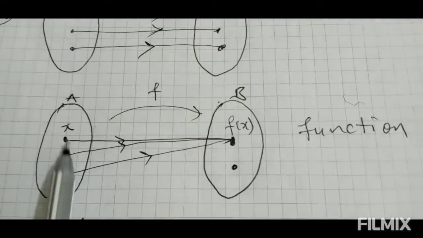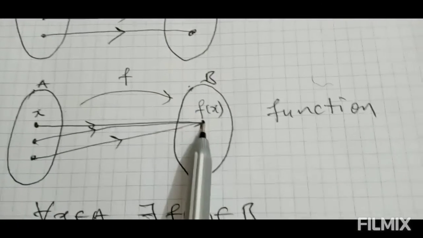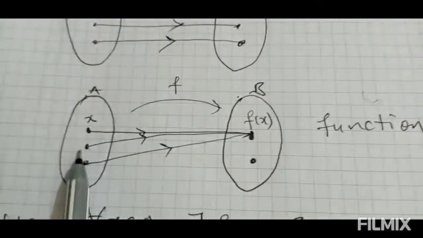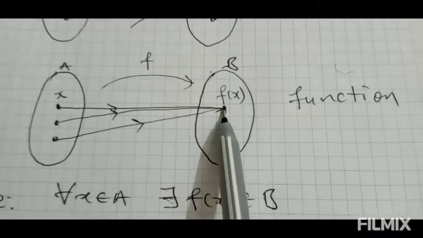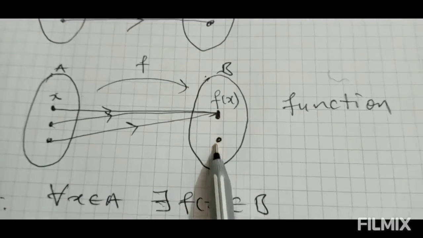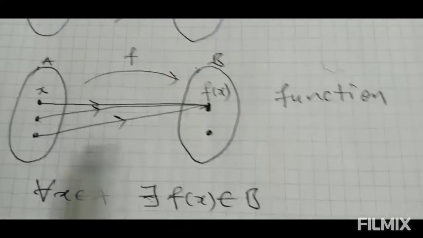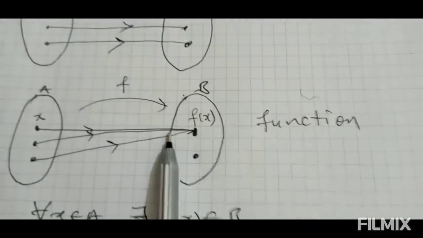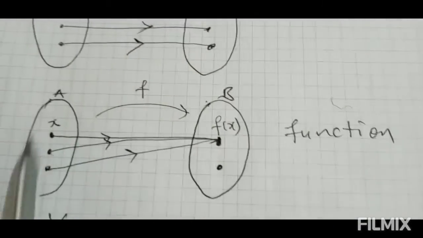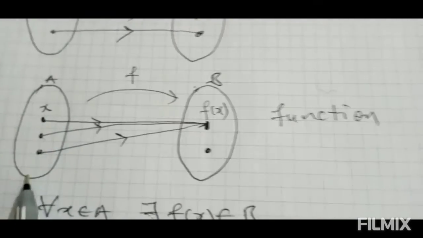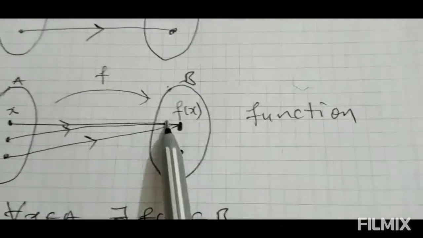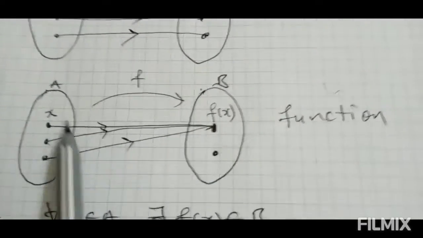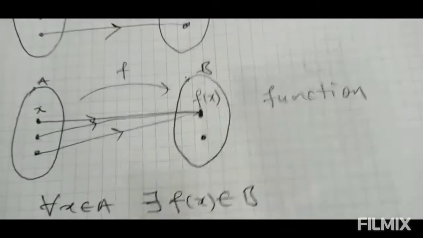But look at this relation. This element goes to this point. This element goes to this point. This element goes to this point. This image doesn't have anything from A, but this is a function because for every element in A, there is an element in B, f of x.